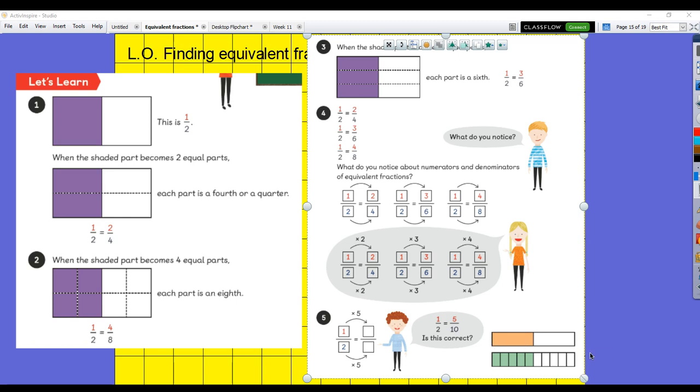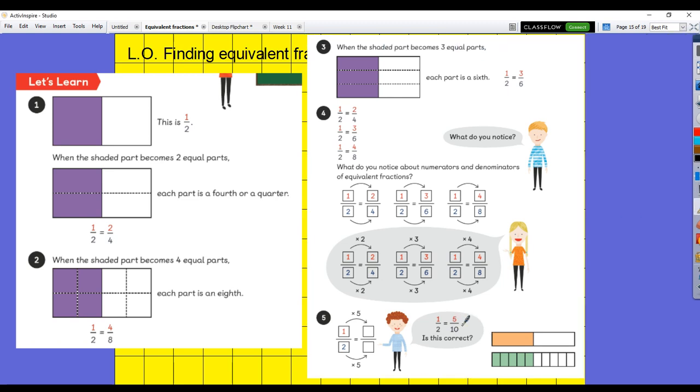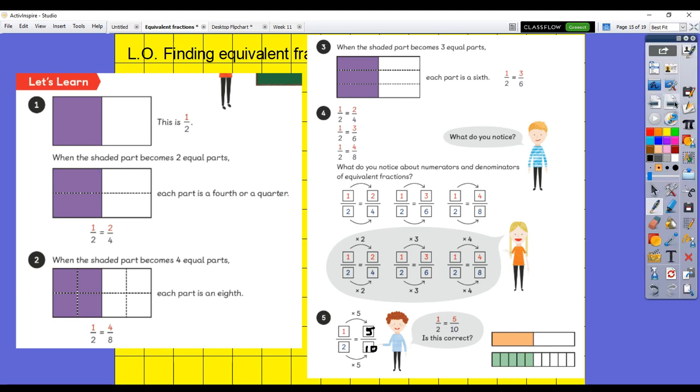Well, let's draw our bar model and let's see. We got half, we got our 10 parts. 1, 2, 3, 4, 5. Yep, and also we know that because we know half of 10 is 5, so it's going to have to be. And if we do 1 times 5, we're going to get to 5. 2 times 5, we're going to get to 10. Number 1 rule, whatever you do to the numerator, you have to do to the denominator.